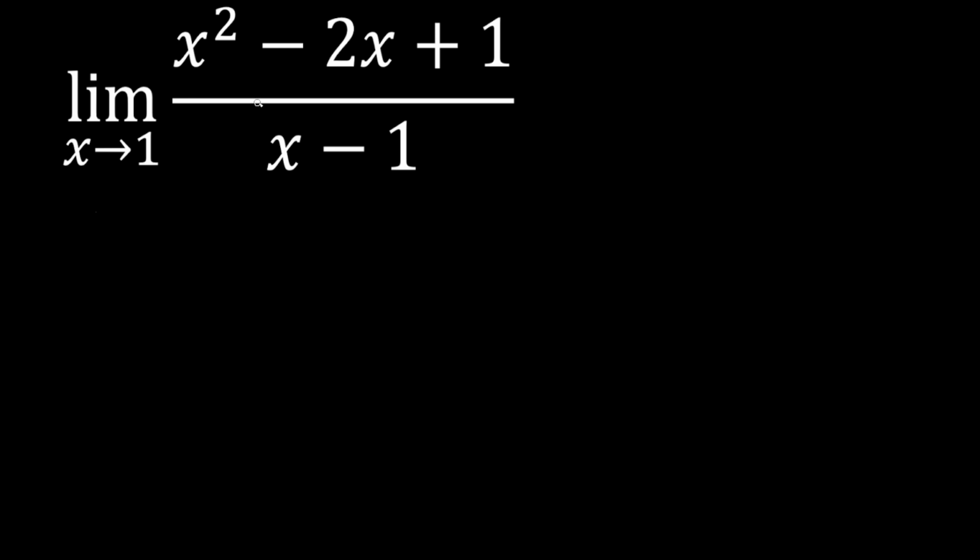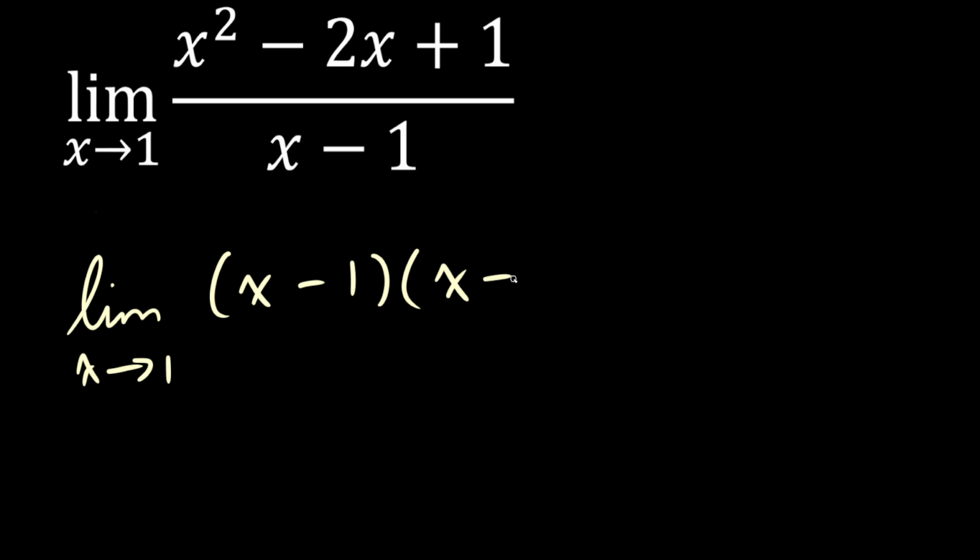The way we're going to do this is by factoring the upper term here. So as x approaches 1, x squared minus 2x plus 1, something that multiplies to 1 and adds up to -2x. That would be x minus 1 and x minus 1, all divided by x minus 1.